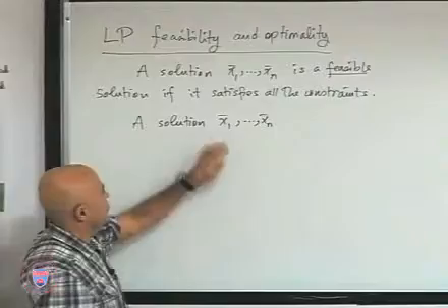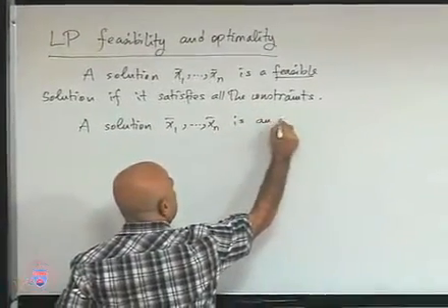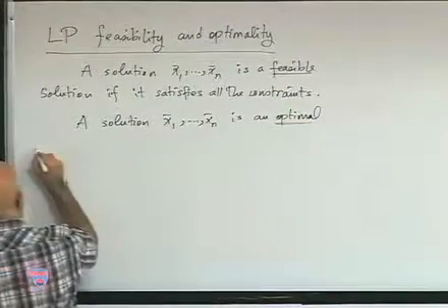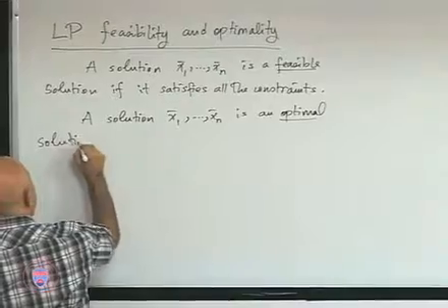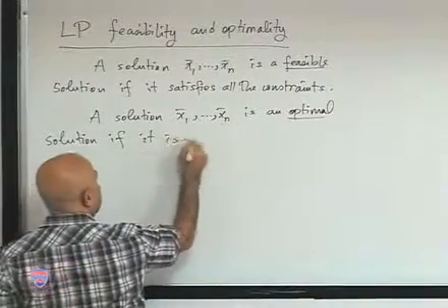So a solution x1 bar through xn bar is an optimal solution if it is feasible.